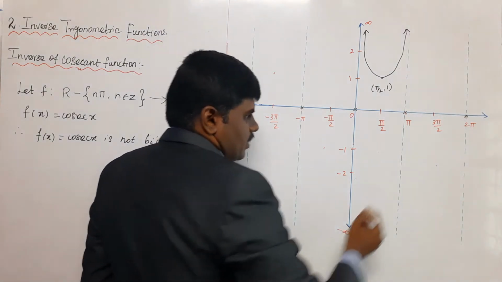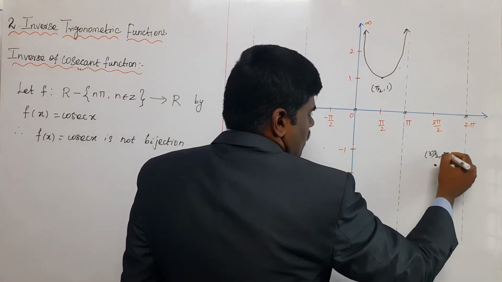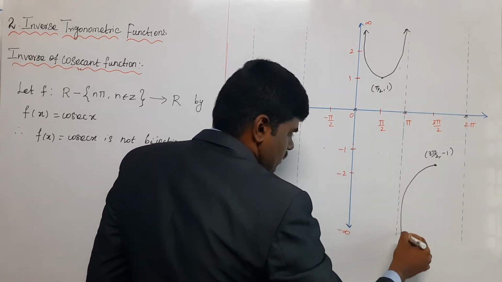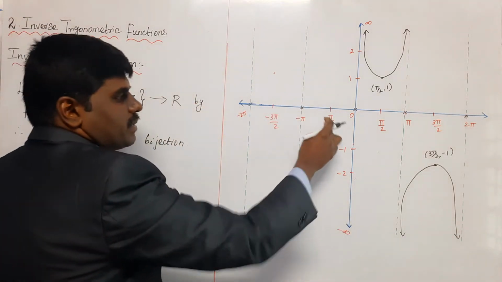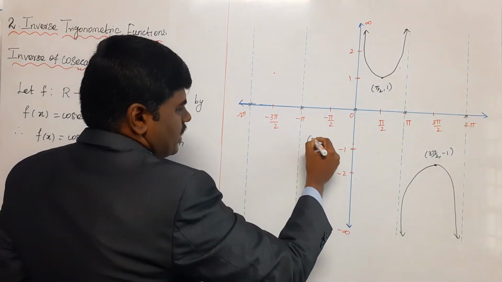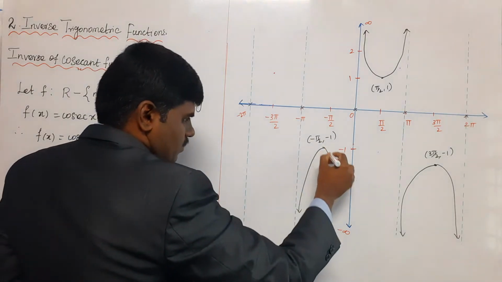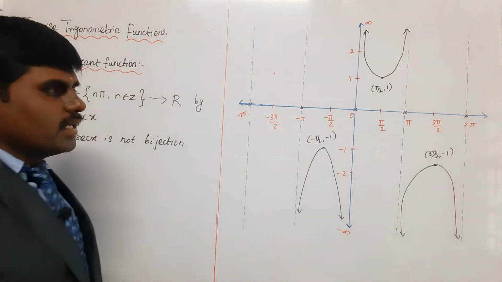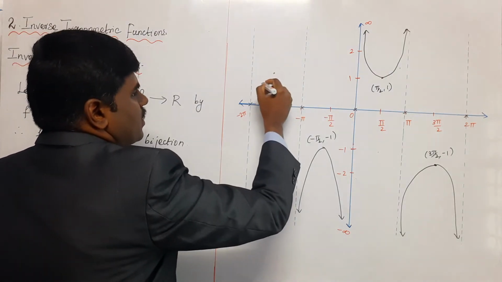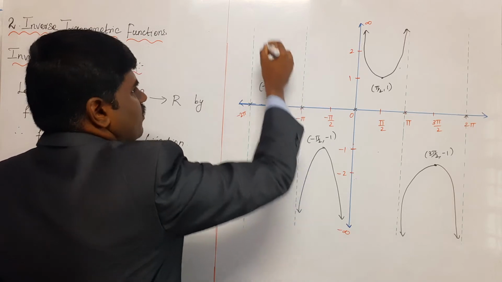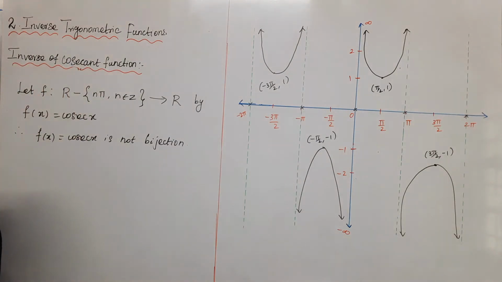It is minus 1, so the point is 3 pi by 2 comma minus 1, and the curve goes that way. Similarly cosecant of minus pi by 2 is minus 1, so the point is minus pi by 2 comma minus 1, and the curve lies below. Cosecant of minus 3 pi by 2 is positive 1, so the point is minus 3 pi by 2 comma 1. This is the cosecant function curve.